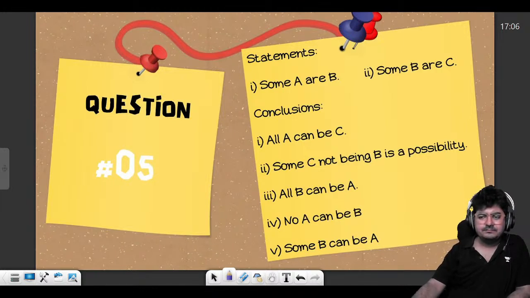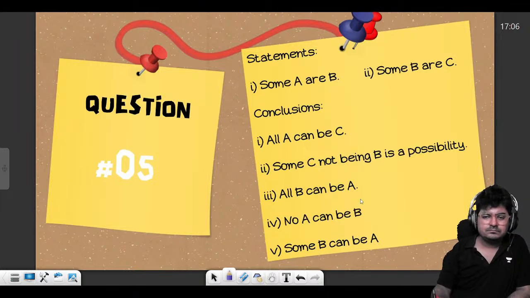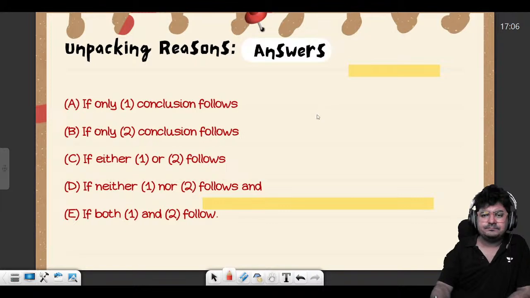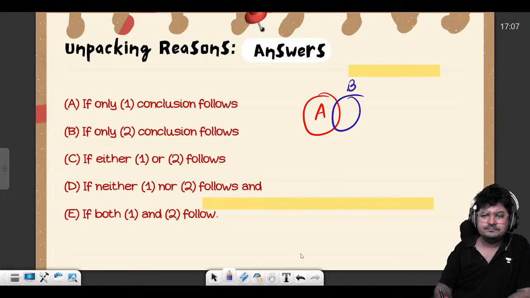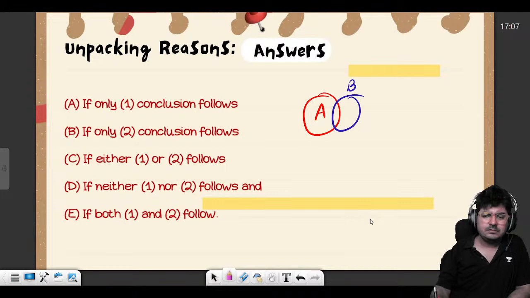Which one is correct? Let's see. Some A are B. And some B are C.